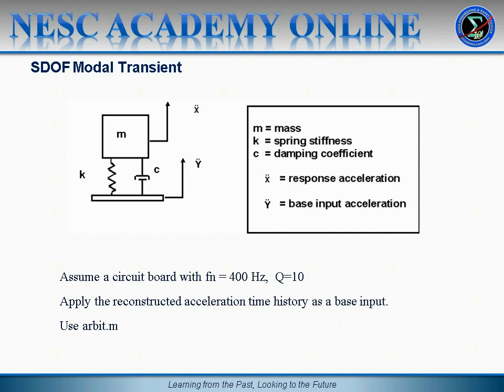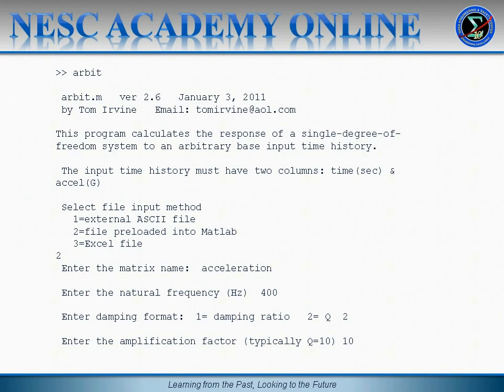So let's take our acceleration file that we've synthesized and let's apply that as a base input to this system. And let's assume that our system is a circuit board with natural frequency of 400 Hz and a Q value equal to 10. And we'll be using MATLAB script arbit.m, which we've run before.